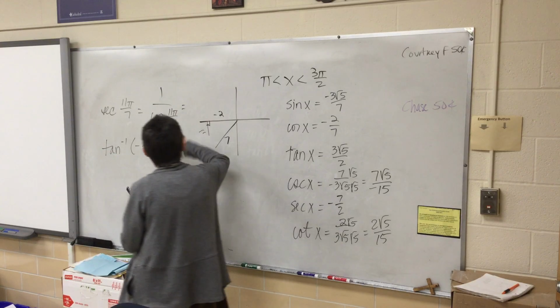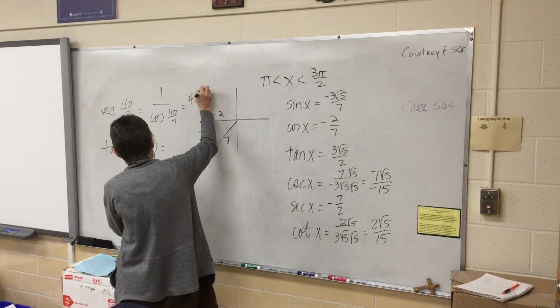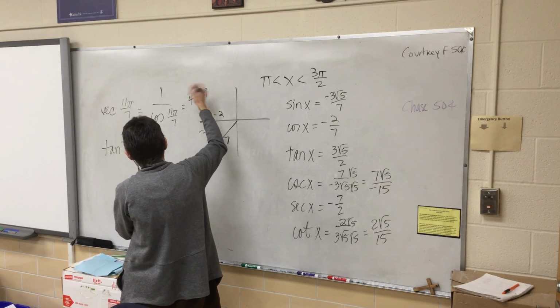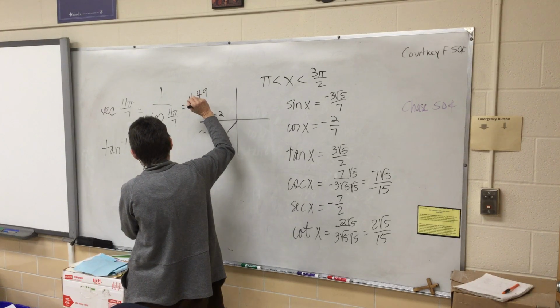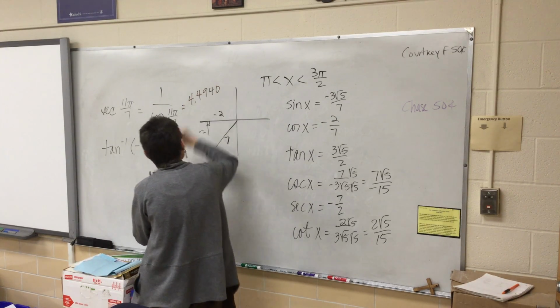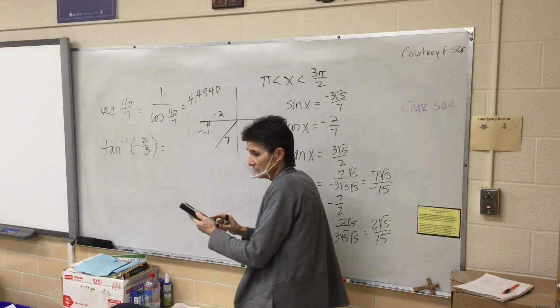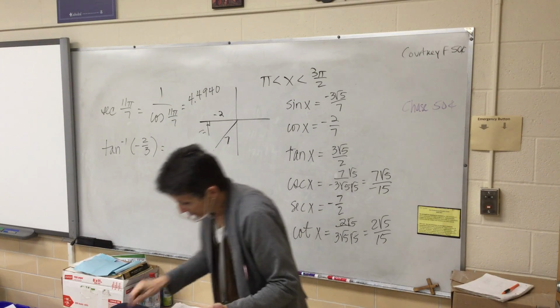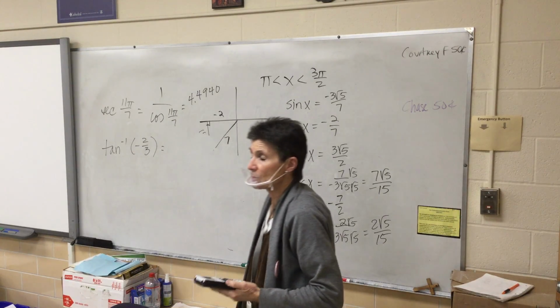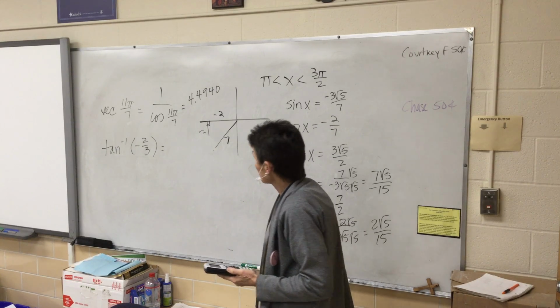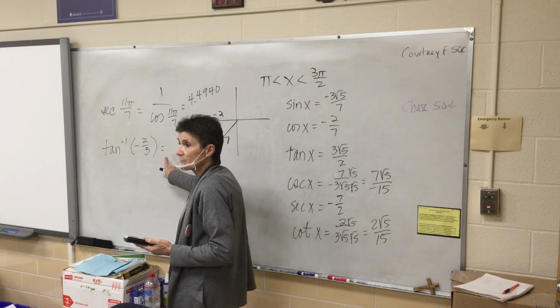Hopefully you got 4.49. I usually have you round these to the 10,000, so we'll say 4.49. Is that what you got? I didn't put any rounding instructions in. Okay? All right, now what about this one?